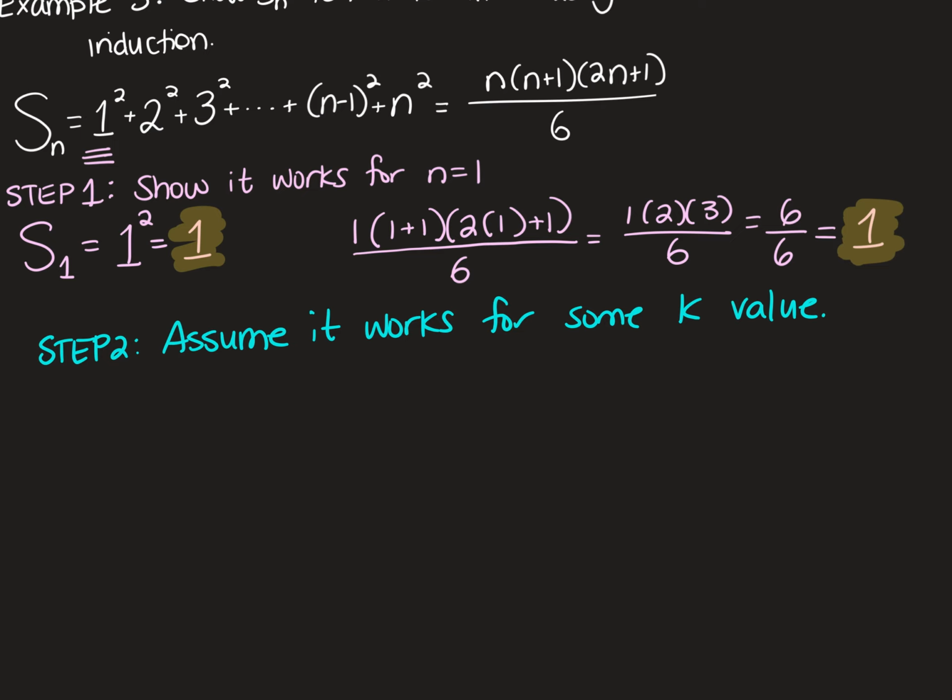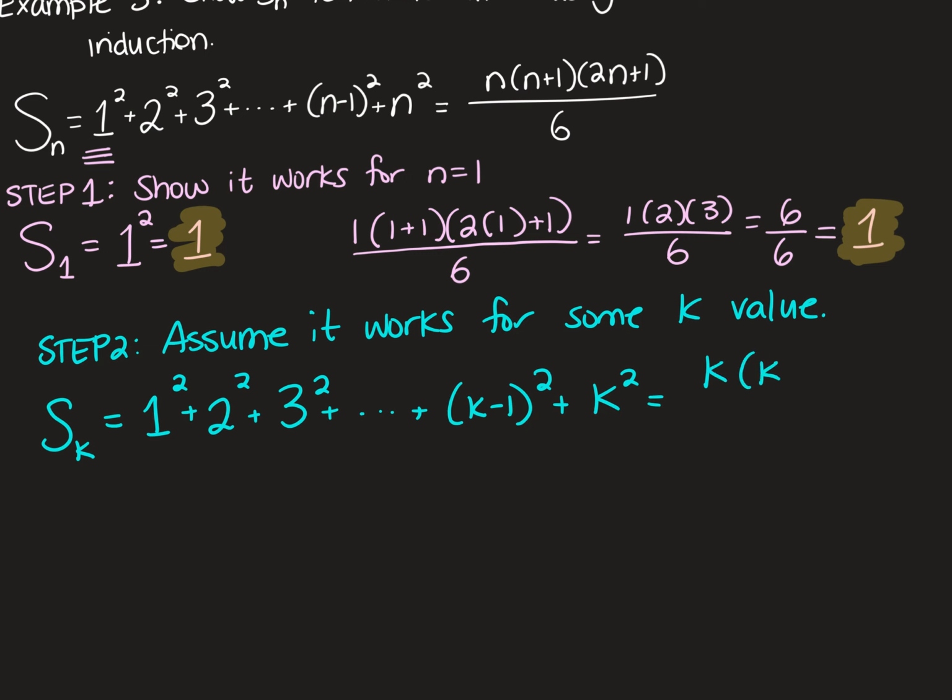So let me write that out. So S sub k will be what we get when we replace all of the n's with k. So I'm just going up in that expression I wrote up above and replacing every n value with k. And I do it on both sides of the equal sign there. So assume it works for some k value.